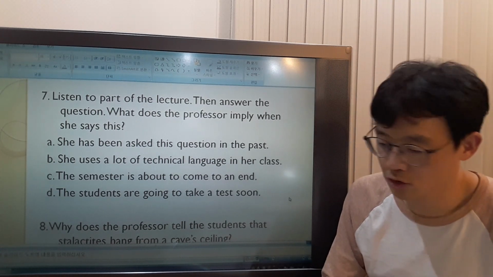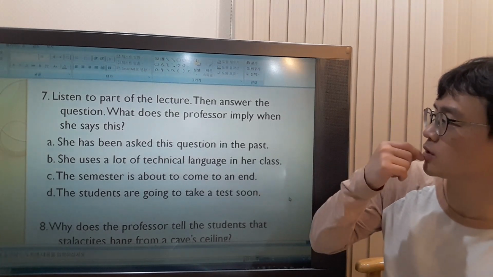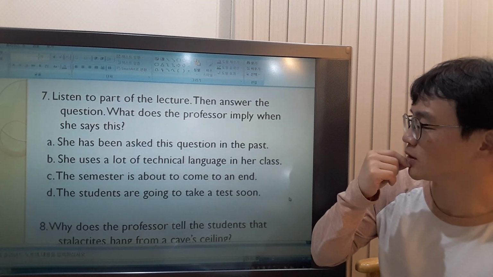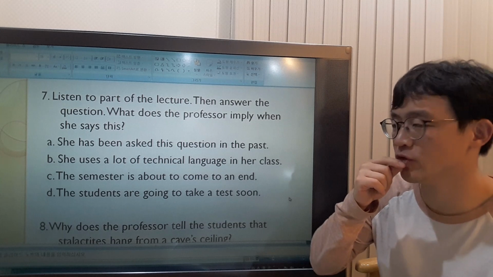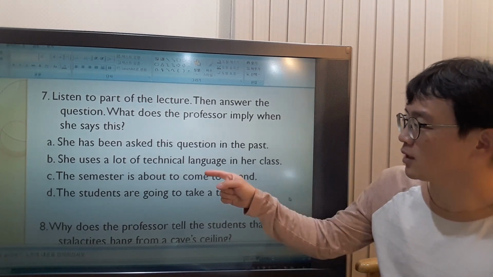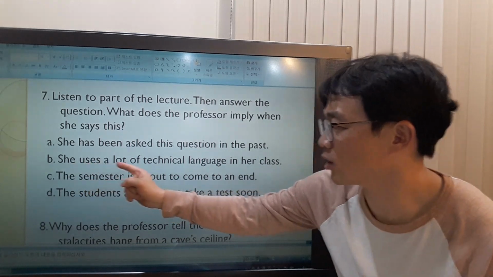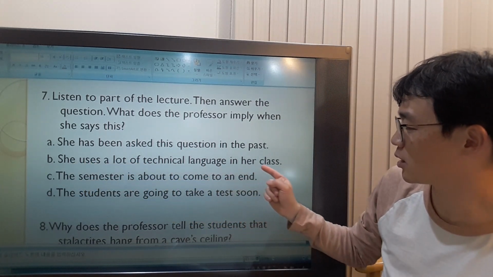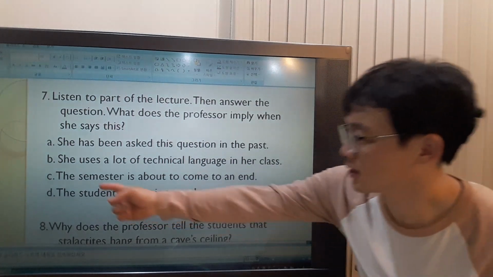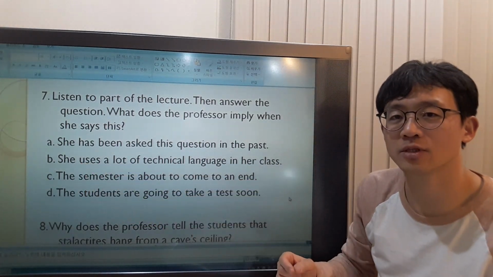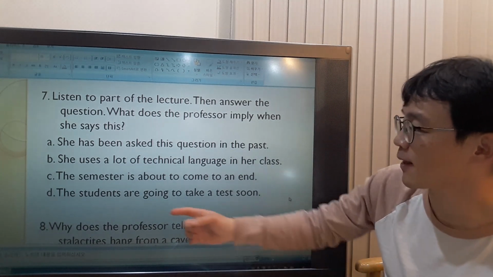So you don't use it in everyday language. All right? She uses a lot of technical language in her class. I think this is confusing. If the option was she used a lot of technical language in her class, then that can be the answer. But this says she uses, so that means she often does that. You don't know it, right? So this is not implied.